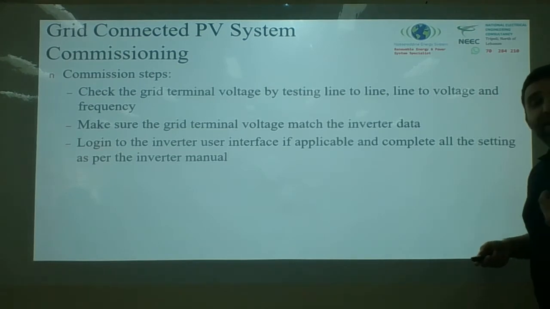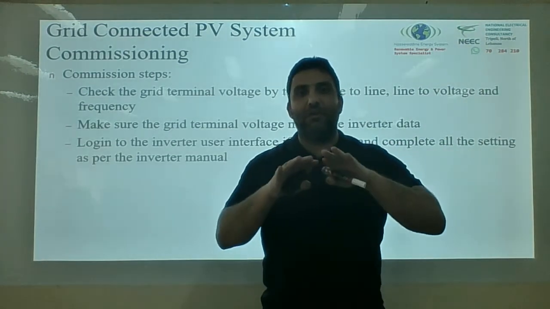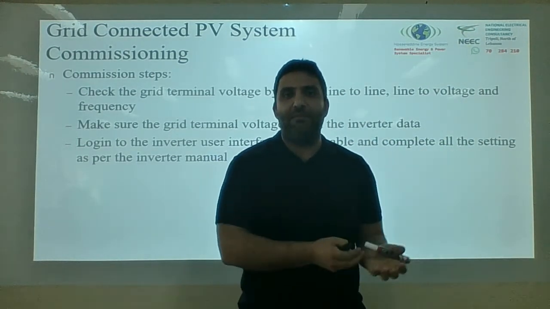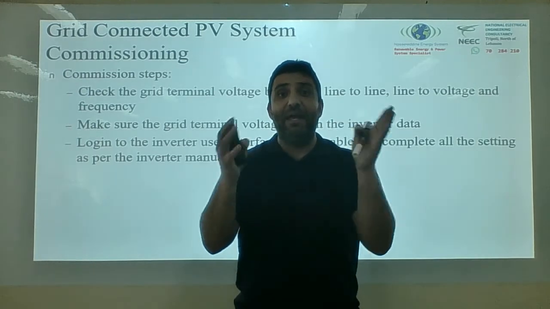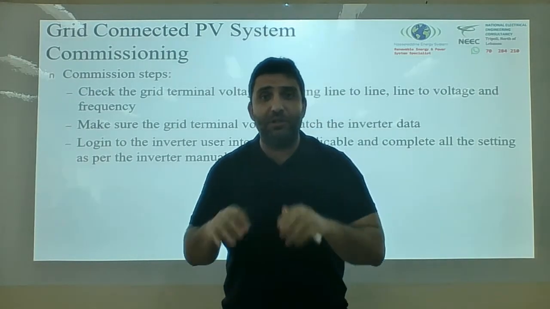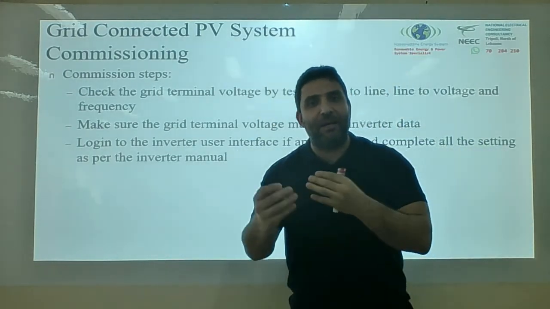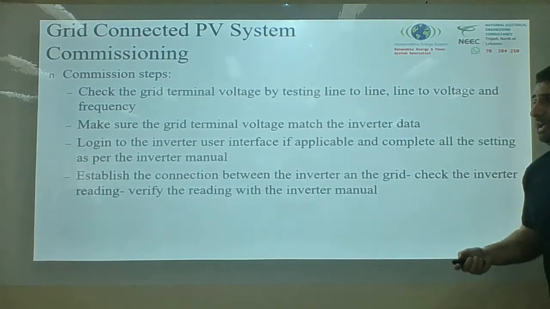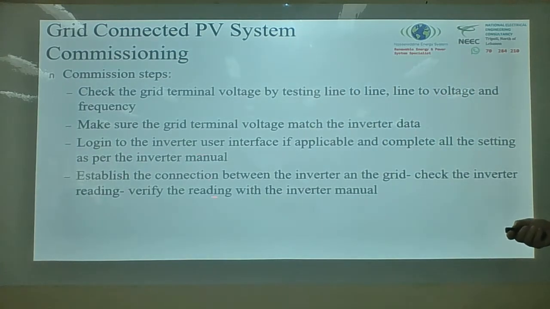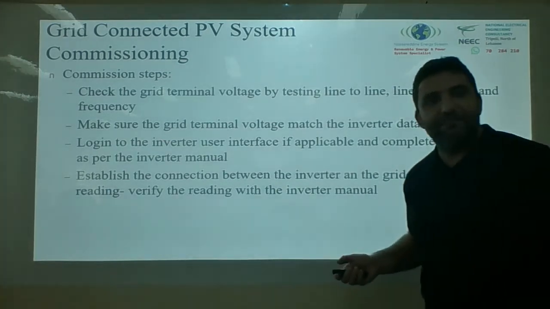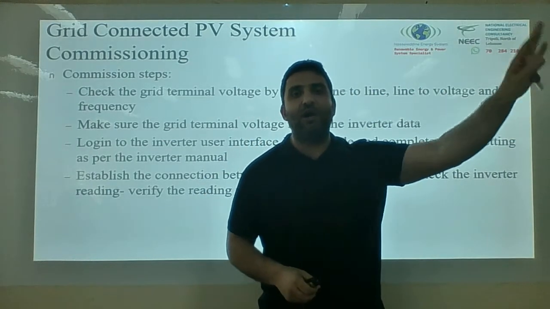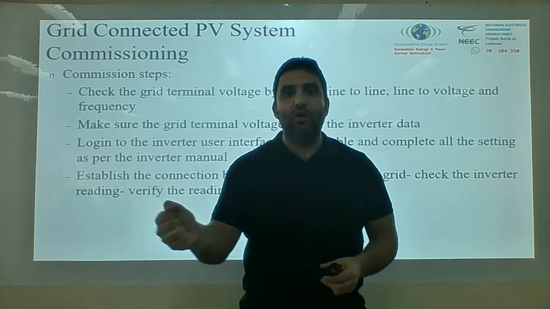Log into the inverter interface. For example, a lot of inverters, let's say ABB, Schneider, SMA, all of them, have an interface portal. You log into it, you do all the settings as per the manual. I'll establish the connection between the inverter and the grid. Check the inverter reading. First, before I close the DC end, I will close the AC.